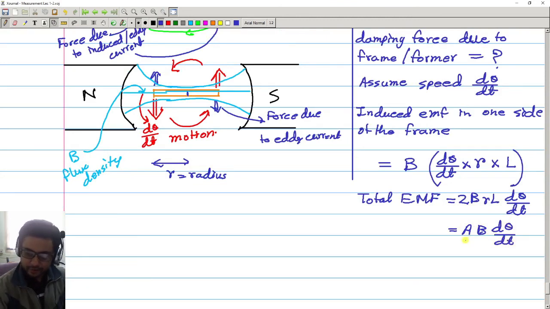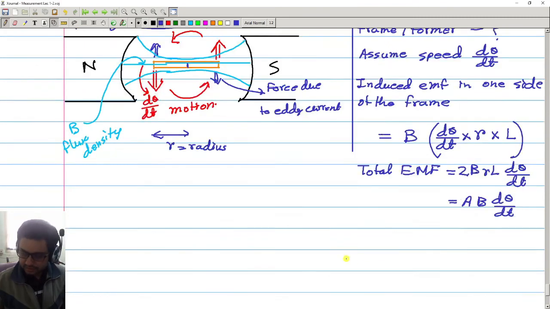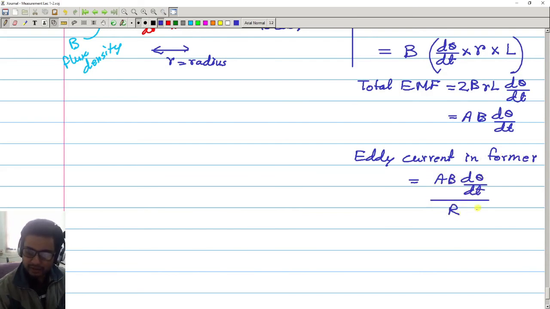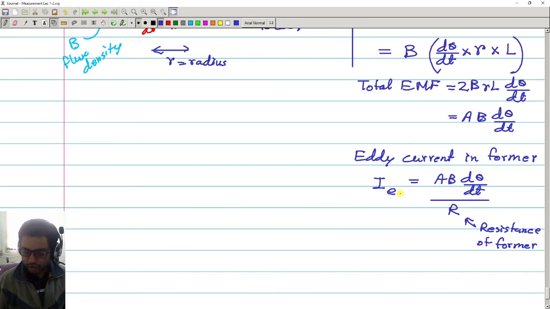Now the eddy current in the former will be A B d theta dt, that is the EMF, divided by R, the resistance of the former, some constant, whatever it is. This is the eddy current, call it IE in short.